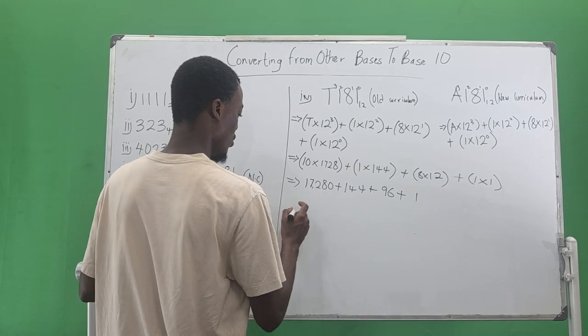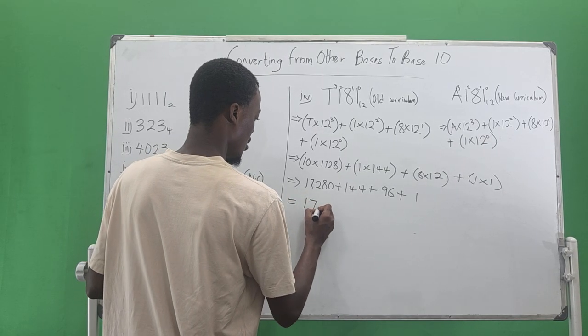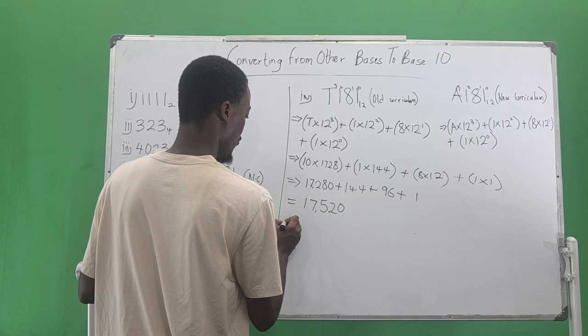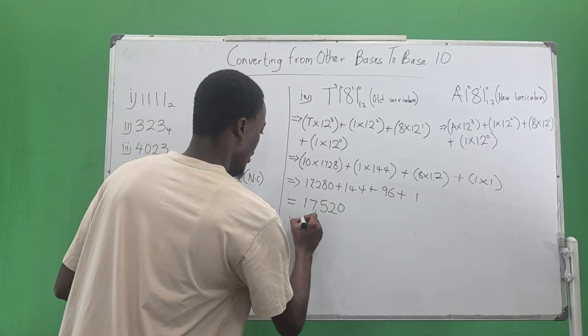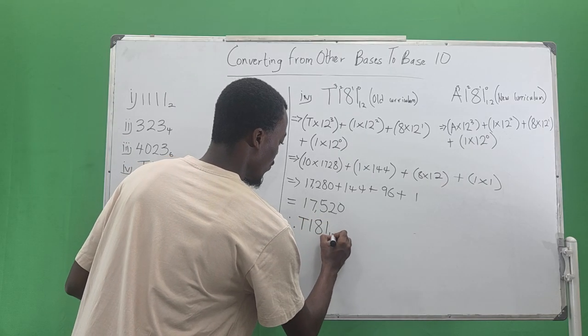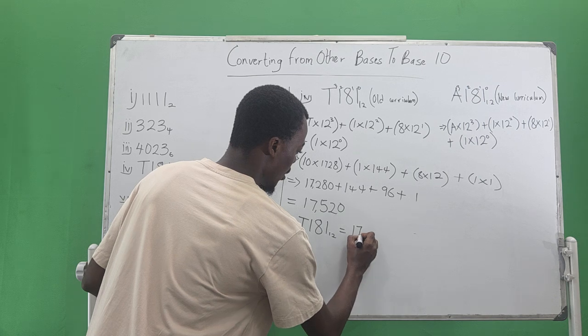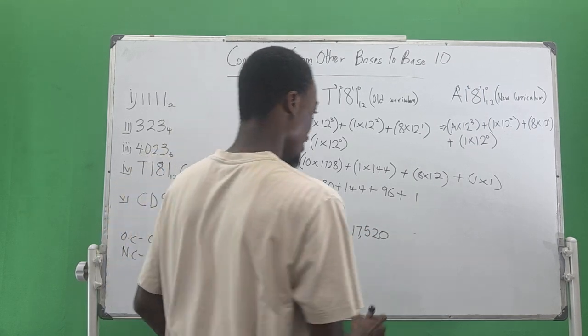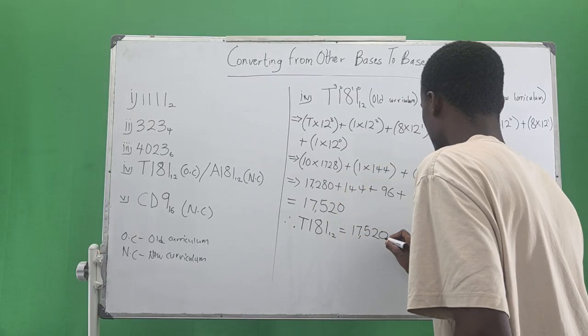So all this will give you 17,520. Okay. So therefore, T1 8 1 12 will equal 17,520. Okay. And for the new curriculum, it will still be what?